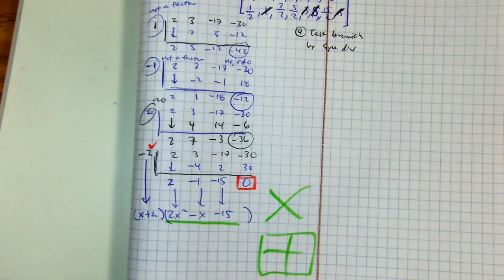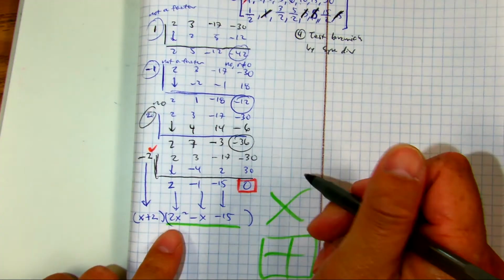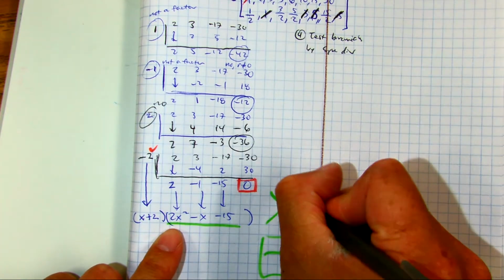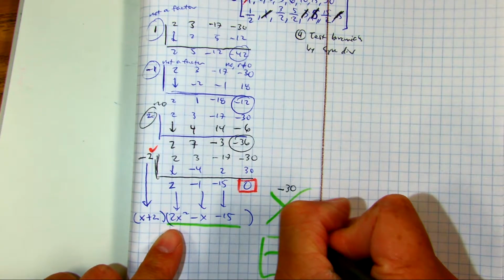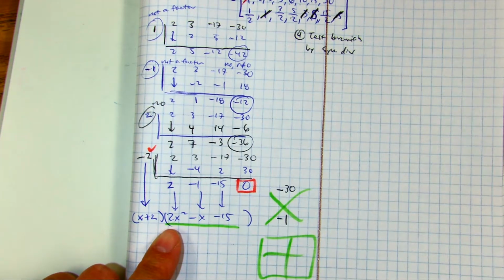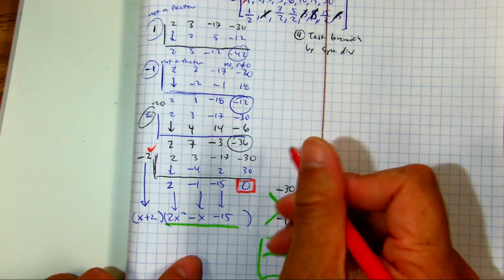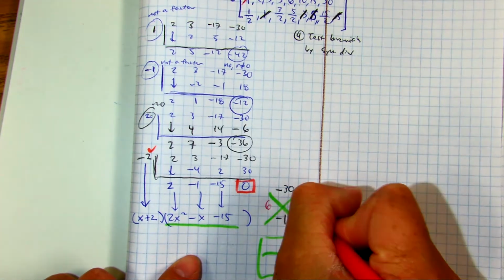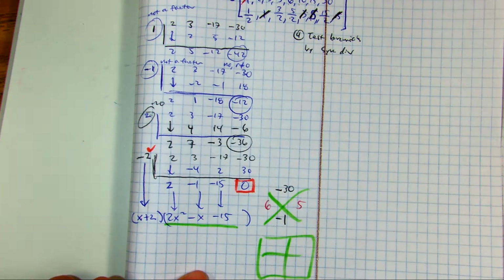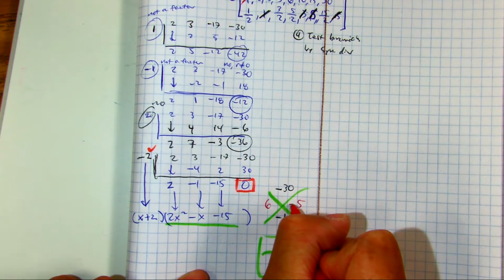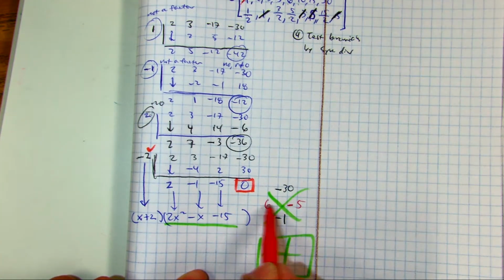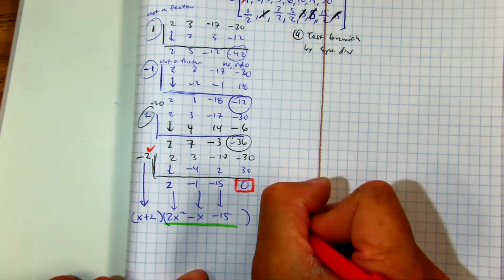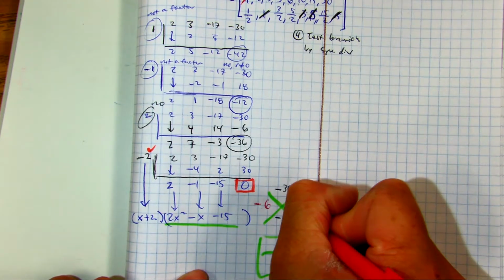Okay, in the green, A times C. B value. Two numbers that multiply to be negative 30 but add to be negative 1. Which one's negative? Right? That's negative 30. And those add to be negative 1. Yes?